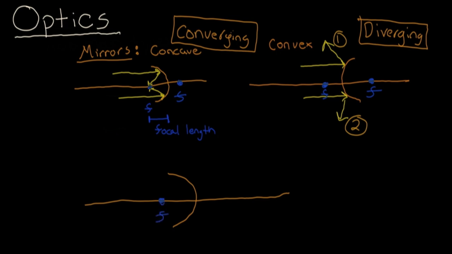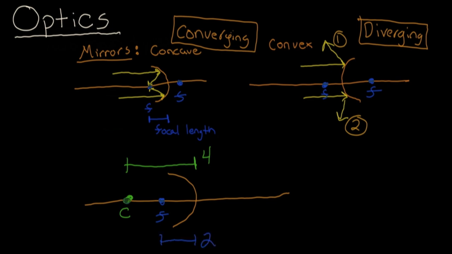And basically what our radius of curvature is, it's double the focal point, or the focal length, excuse me. So if the radius of curvature is equal to 4, that means that our focal length is 2.